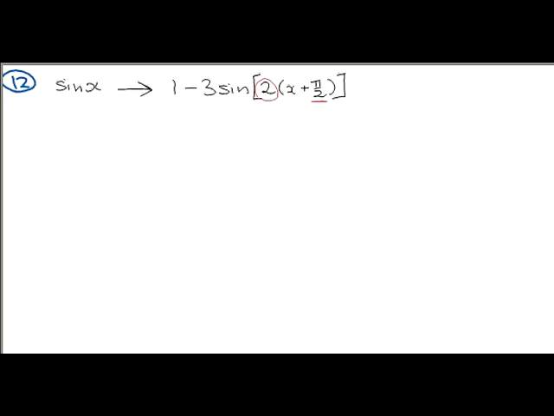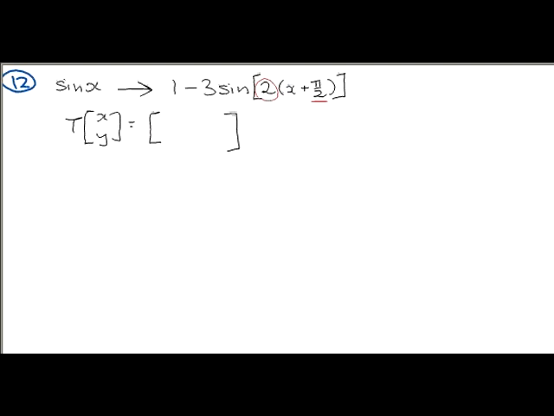Now, the next thing to do is just to make a matrix out of it. You just have to remember the elements of this matrix, right? So the transformation matrix. So you just go, what have we done to sine x to make it into this thing?